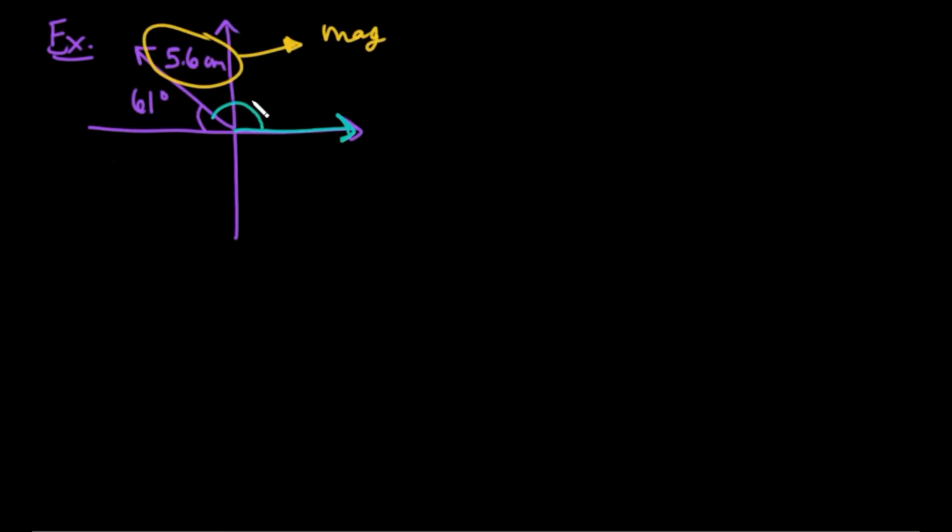Now to find this angle, I know that this full line right here is 180 degrees. So to find my direction, I'm going to do 180, and I'm going to subtract this 61. When I do that, I'm going to get my direction is 119 degrees.